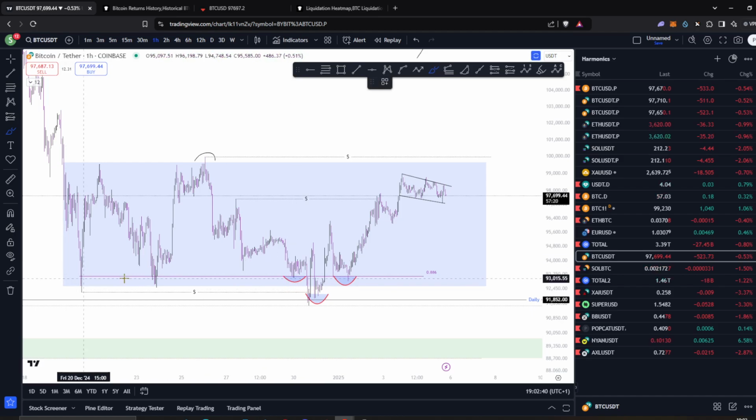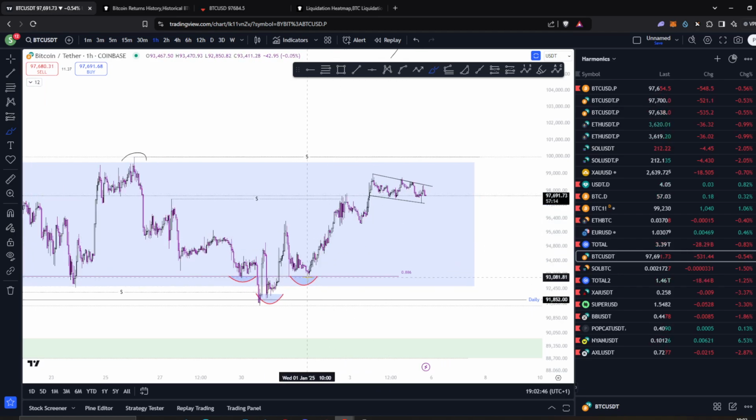You did have a retest of that 86 on that right shoulder, and then you had your big impulse towards the upside. So this was around Wednesday. So basically ran Wednesday, Thursday. We basically just ran into the weekend. Just pumped straight up.